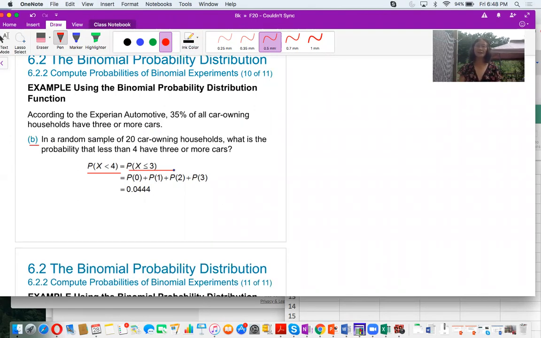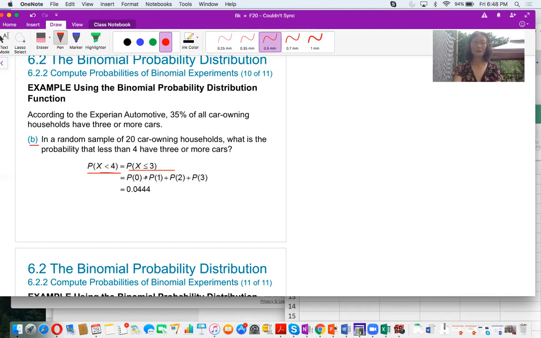Because this is a discrete probability distribution. Discrete means x can only be 0, 1, 2, 3, 4, etc. x cannot be 3.5 or 4.3. So smaller than 4 is the same as smaller equal to 3.